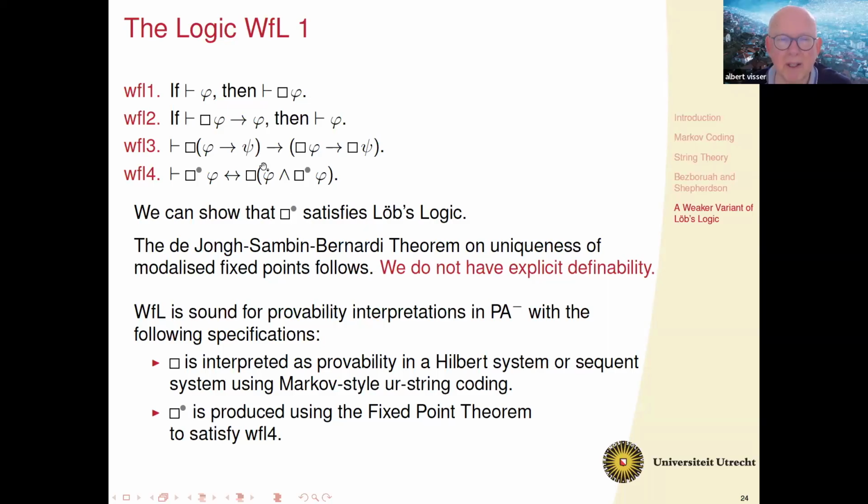For example, in this system we still have a unique Gödel sentence, and a unique Henkin sentence. The only thing we do not have is the explicit definability of things. The Gödel sentence in this system is not provably equivalent to the consistency statement, unlike in the stronger theories.